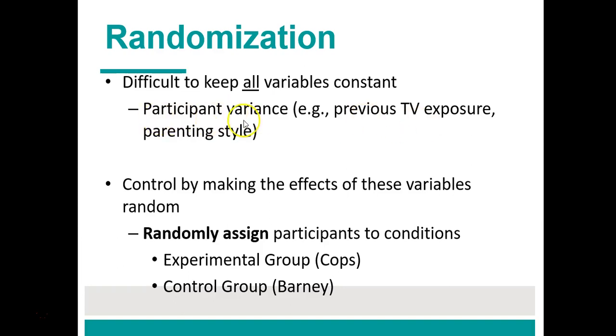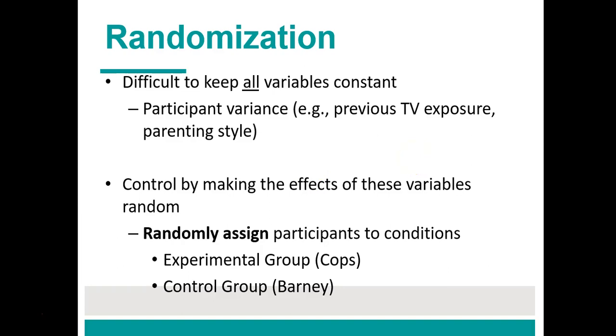So we have a lot of participant variance if you think about IQ and motivation and how were they parented, and what are their friends like, all sorts of things, previous TV exposure. These are all variables that we would like to be the same between our participants in both groups, but it's really hard to guarantee that.